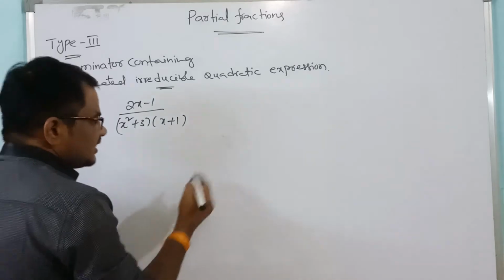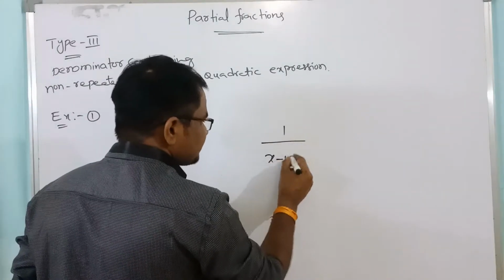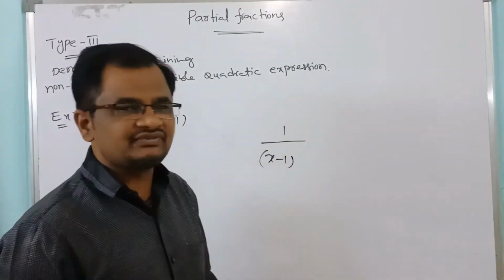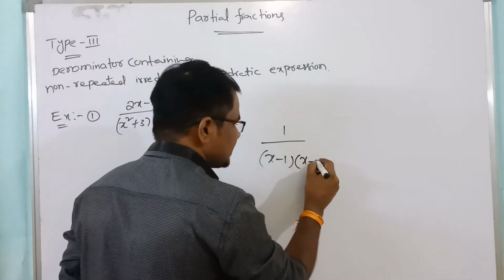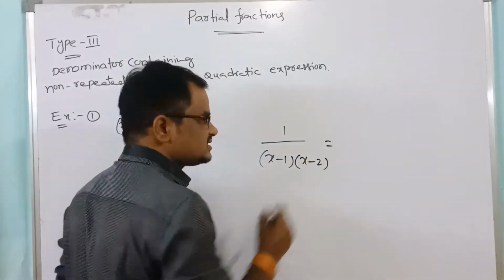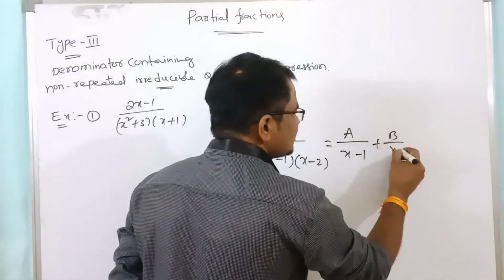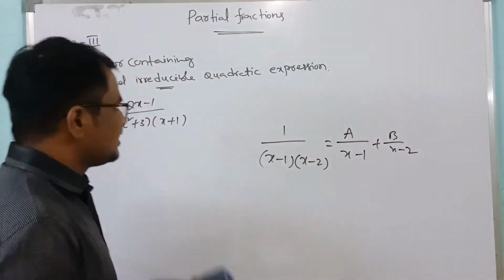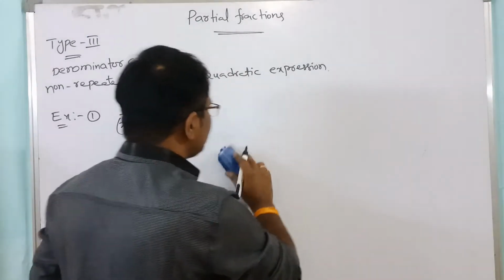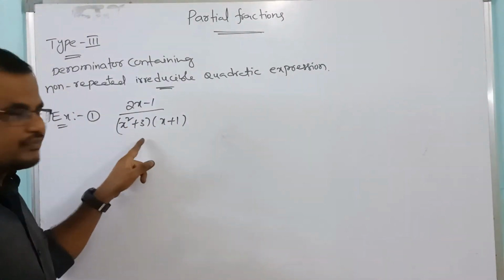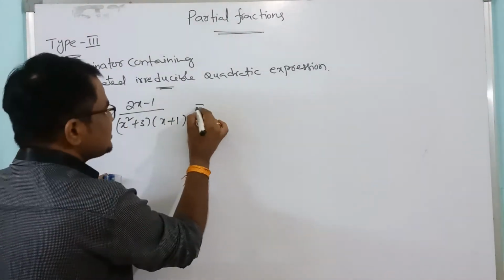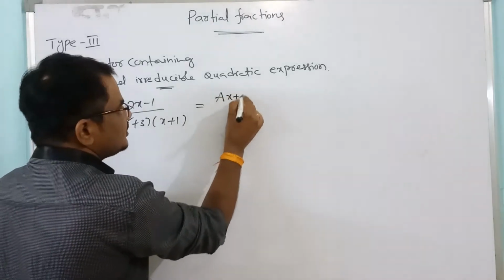Now, in the previous two methods, when linear factors were given, like (x - 1)(x - 2), we took a constant by the first linear and a constant by the second linear. But here, a quadratic expression is given. So, quadratic expression means we have to write linear by quadratic.